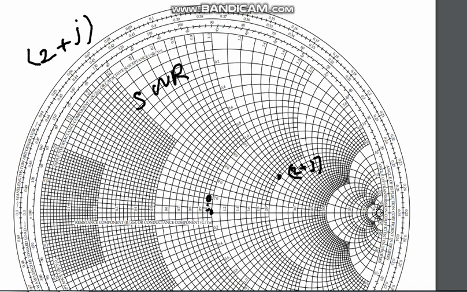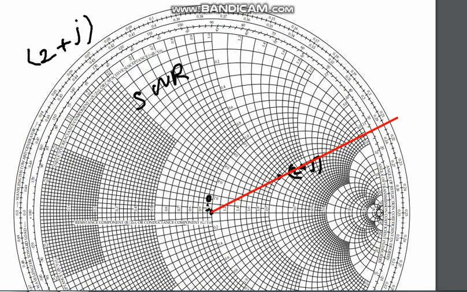You have to take a straight line from here, and this straight line should extend beyond these lines. To make it more correct, that is the straight line.